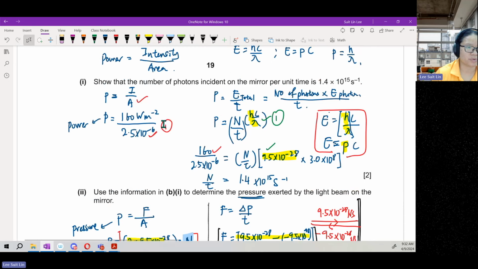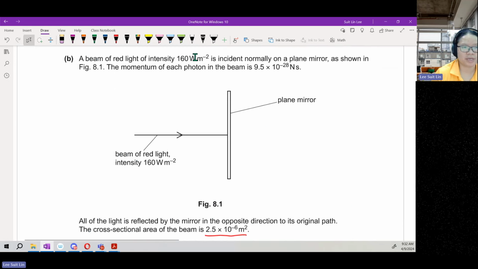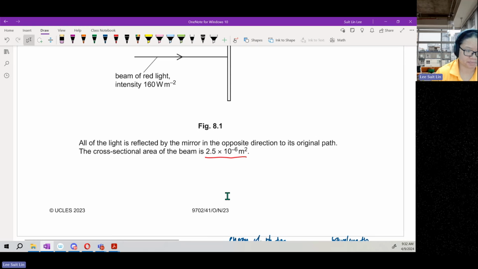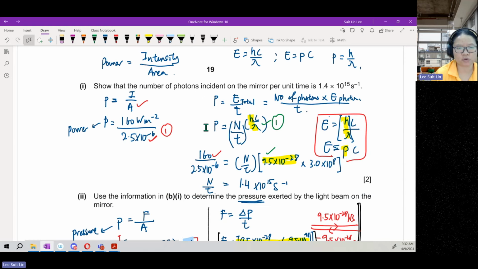So let's recap what we did in terms of calculation. We know the intensity or the brightness of the light, and we know the momentum of every single photon. We also know the cross-sectional area of the beam. The first part requires us to find how many photons hit the mirror in 1 second, per unit time.